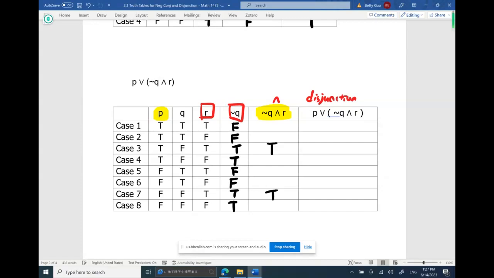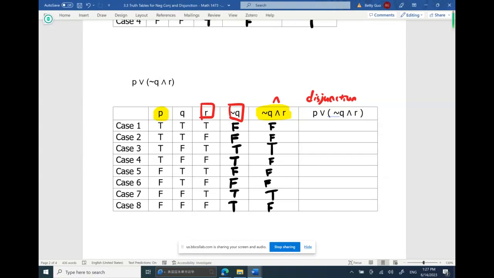Case 7, both of them are true, right? And those are the only two cases in which both components are true. So in all other 6 cases, the conjunction is false. This is false, this is false, this is false, this is false, this is false, and this is false.